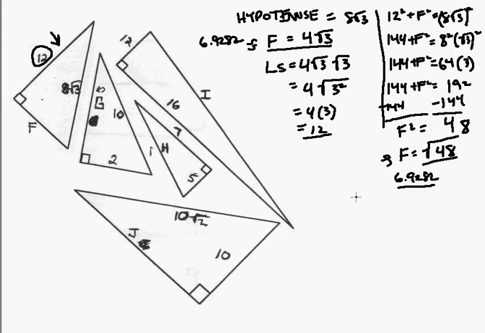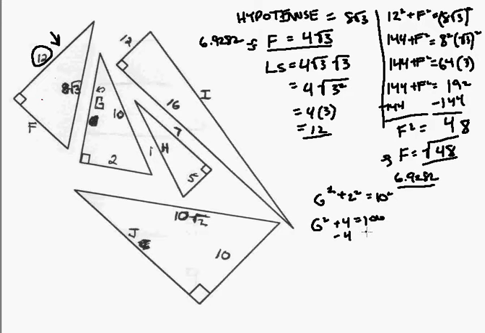Okay, going to G now. G squared plus 2 squared equals 10 squared. So I have G squared plus 4 is equal to 100.